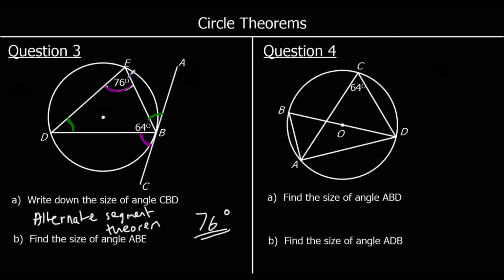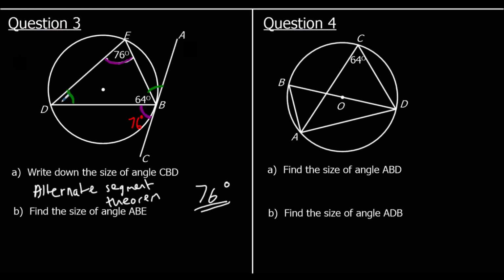So ABE, we can use angles in a straight line or angles in a triangle. So let's use angles in a straight line. So we've got 76 and 64, which add up to make 140. So 180 take away 140 is 40 degrees.